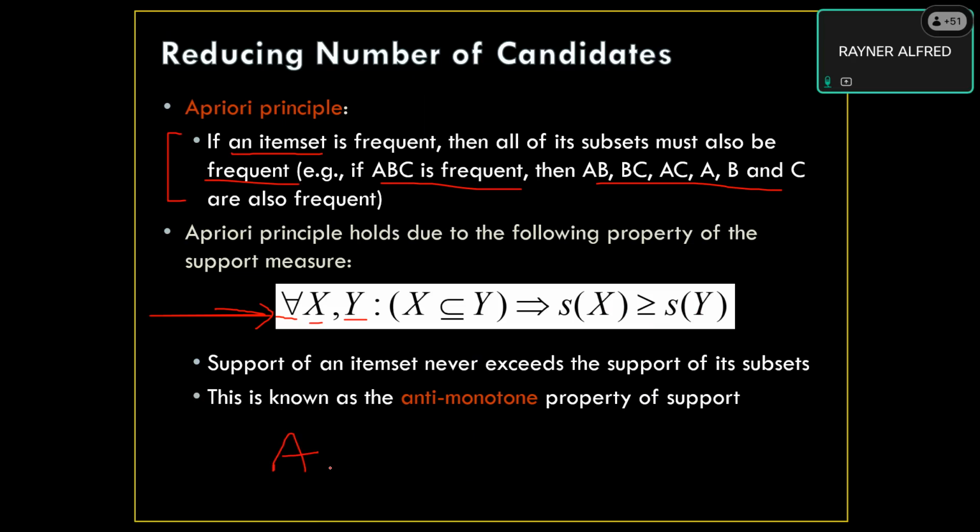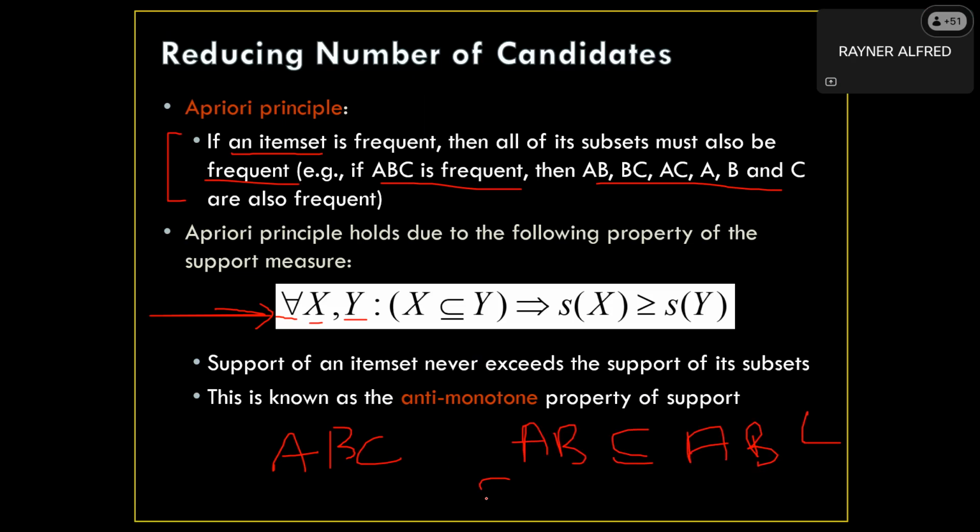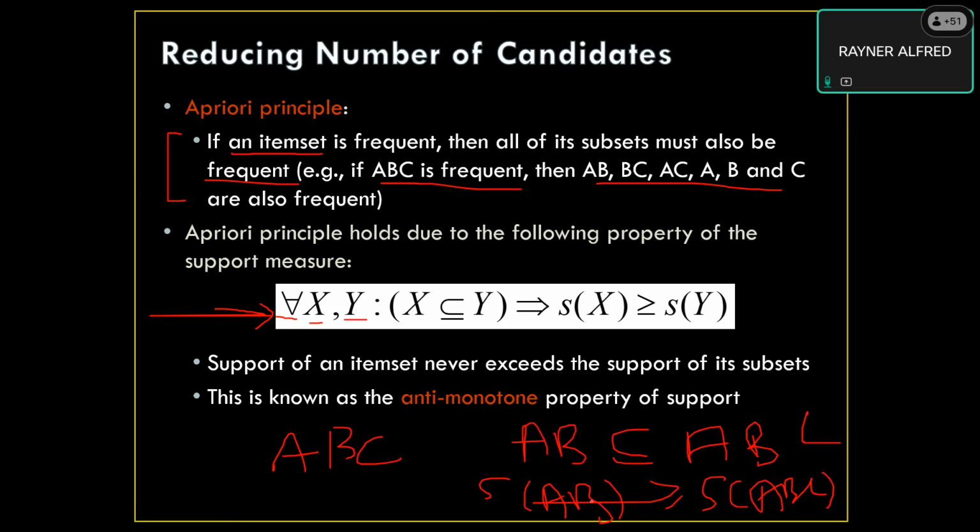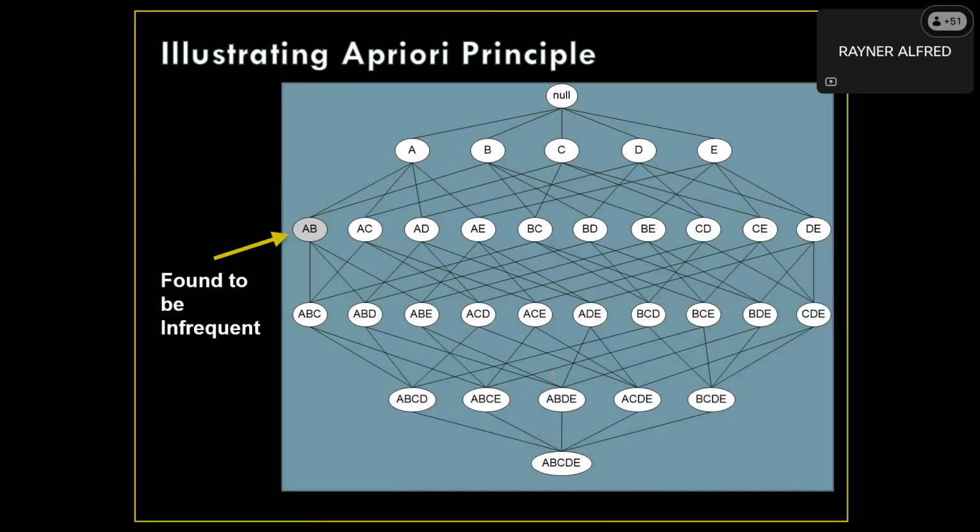If we have ABC frequent, and AB is a subset of ABC, then the support of AB is always greater than or equal to the support of ABC, because the number of items is getting smaller, so the support would be higher or equal to the support of ABC. We will look into this graph later on.